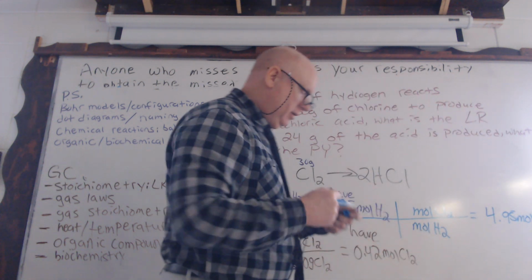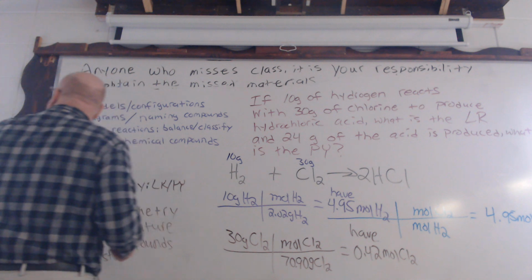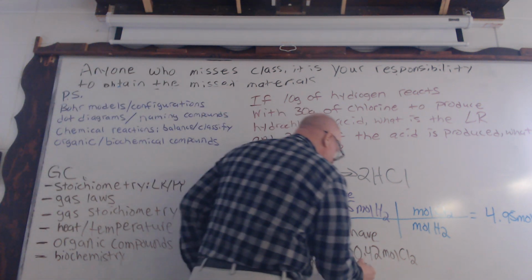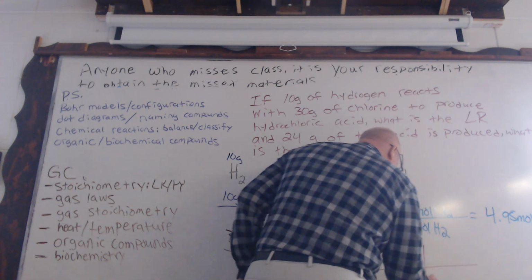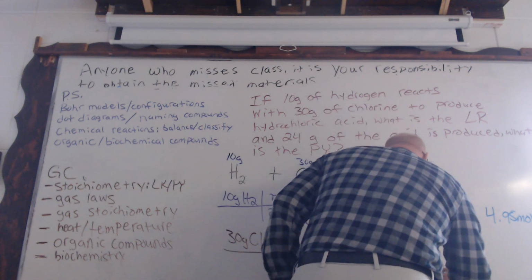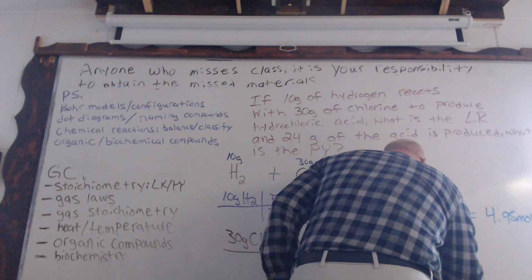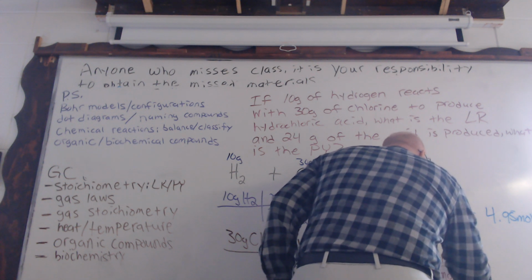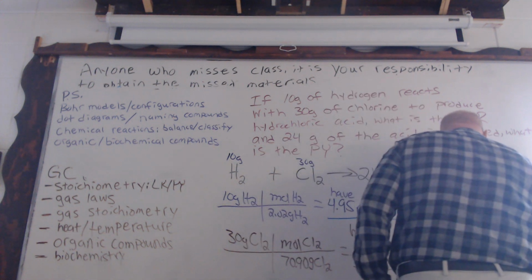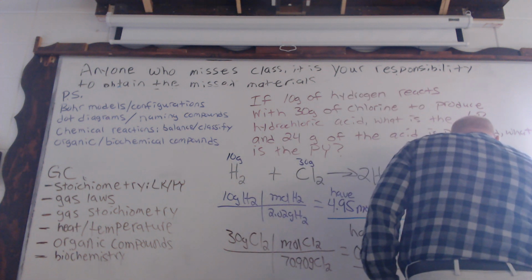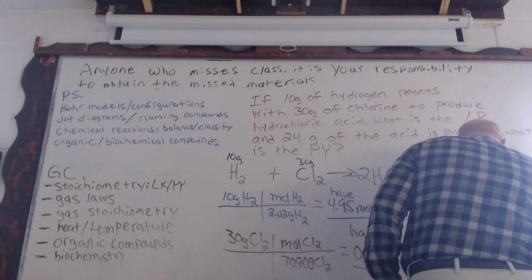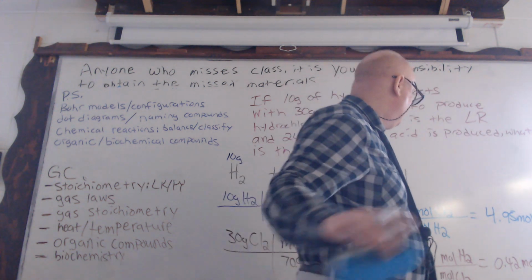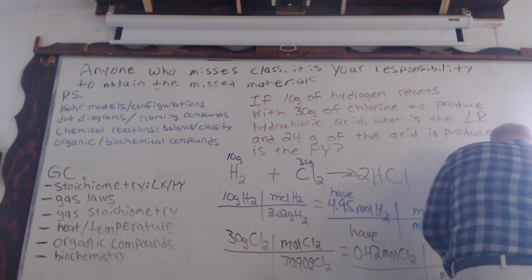Then we have to do the same thing down here. For every mole of Cl2, we need a mole of H2. Again, 1-to-1 ratio. And 0.42 moles of C. Oh, darn it, I almost did it again. H2.